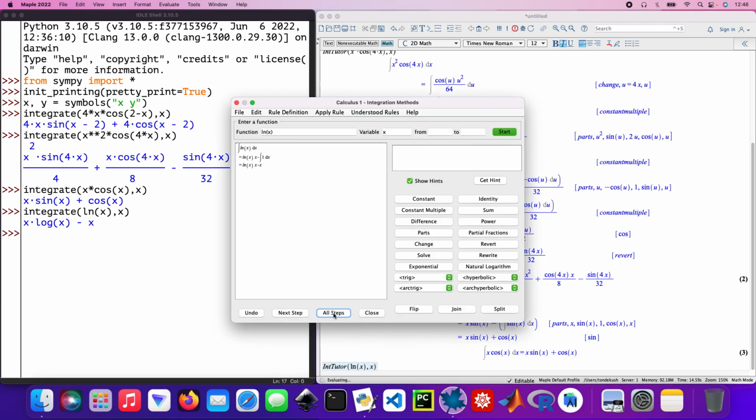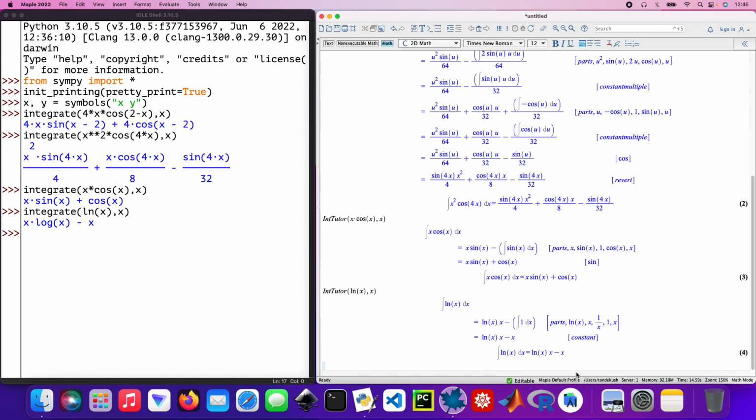All the steps. So close that. Natural log x times x minus x, so x times log x minus x. That's the same. The only difference is the x is on this side here in Maple, but essentially the same anyway.